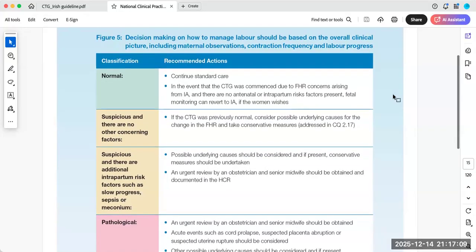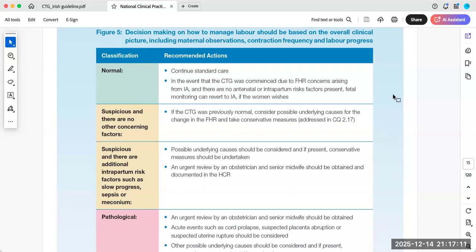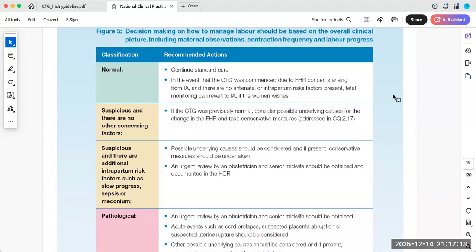When it is normal, continue standard care. In the event that the CTG commenced due to a fetal heart rate concern arising from intermittent auscultation and no other antenatal or intrapartum risk factor is present, fetal monitoring can revert back to intermittent auscultation if the woman wishes. So normal is simply continue standard care.